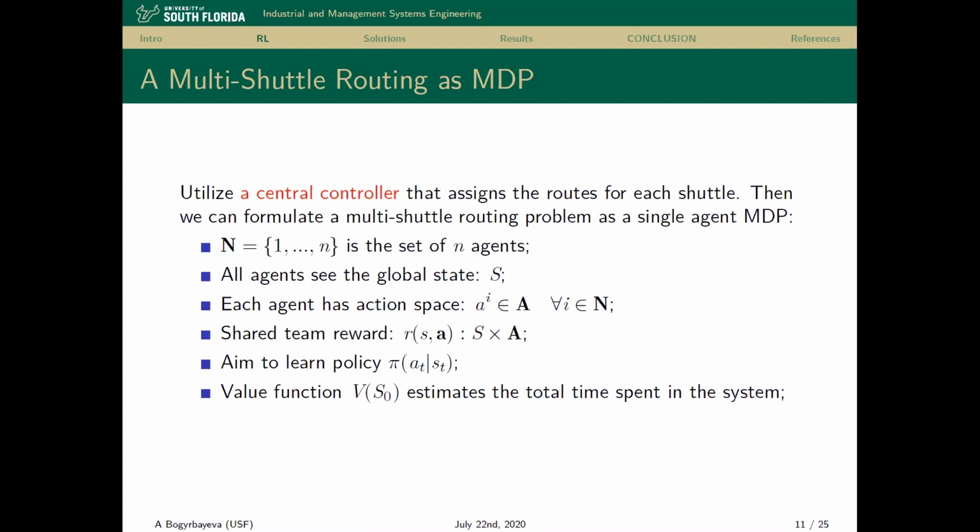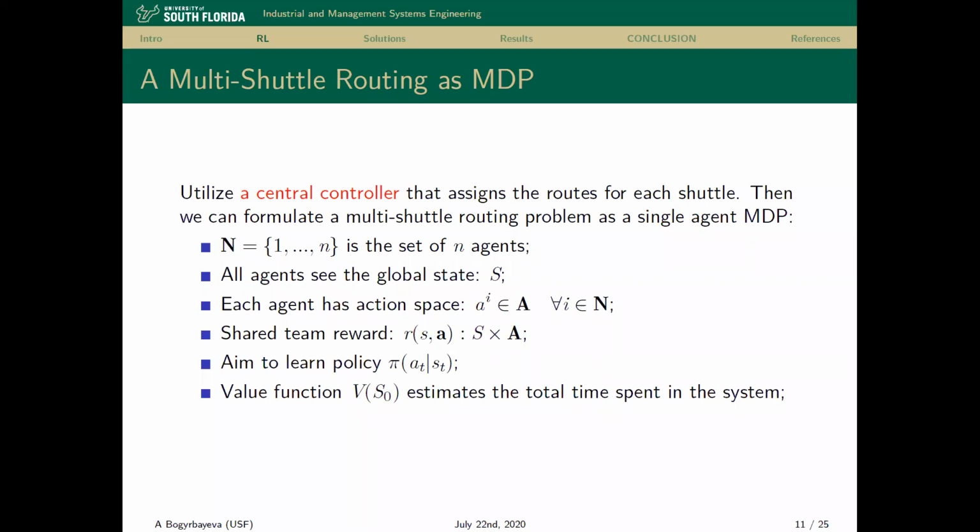With this idea in mind, we are going to have a central controller, which is the agent, and it sees the whole network. But the action space of this controller is going to be pretty large, because it's going to control not only a single shuttle, but several shuttles.